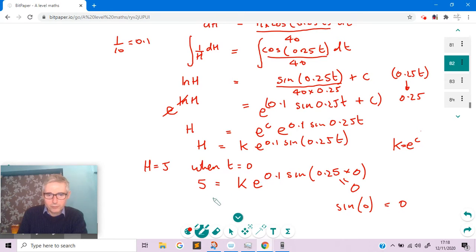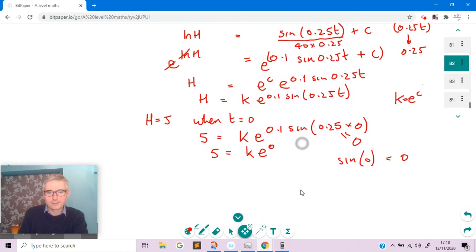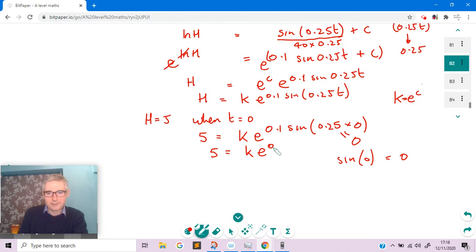So this really simplifies to 5 times k e to the power 0, because the power of the e is 0. And e to the power 0 is equal to 1. So that simplifies again to 5 equals k times 1, which means that k is equal to 5.